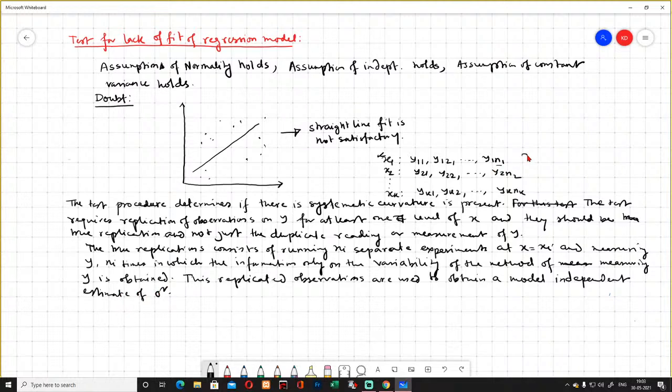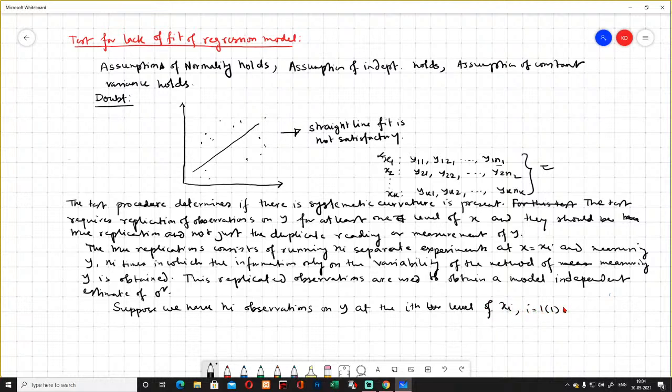Suppose, I already mentioned that, suppose we have ni observations on y at the ith level of xi, where i from 1 to m.